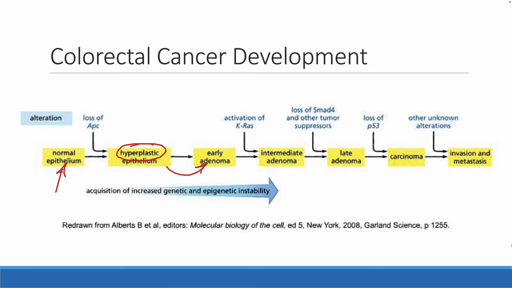And then that adenoma gets activated and there's an intermediate adenoma. Later on, there's more activation and reduction of tumor suppressors, and that causes a late adenoma. Once we get to loss of the guardian of the genome, P53, that's where the carcinoma develops. And then we have invasion and metastasis and all those other things that go along with cancer.